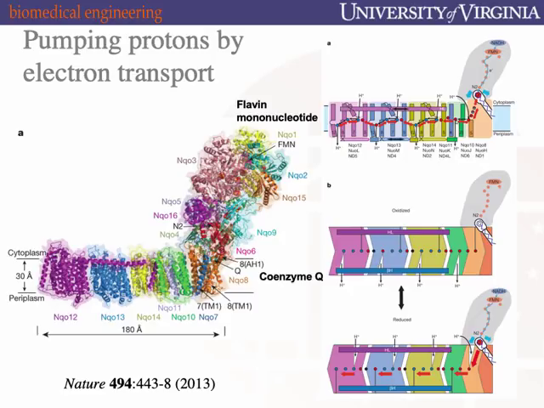So you have a flipping back and forth of binding protons on one side in one conformation, depending on its redox state, and then flipping over to the other side to release them into the intermembrane space. The thinking is that the same type of conformational and redox-dependent changes occur with all of the other complexes, but at my last look, they haven't been determined in as great structural detail.